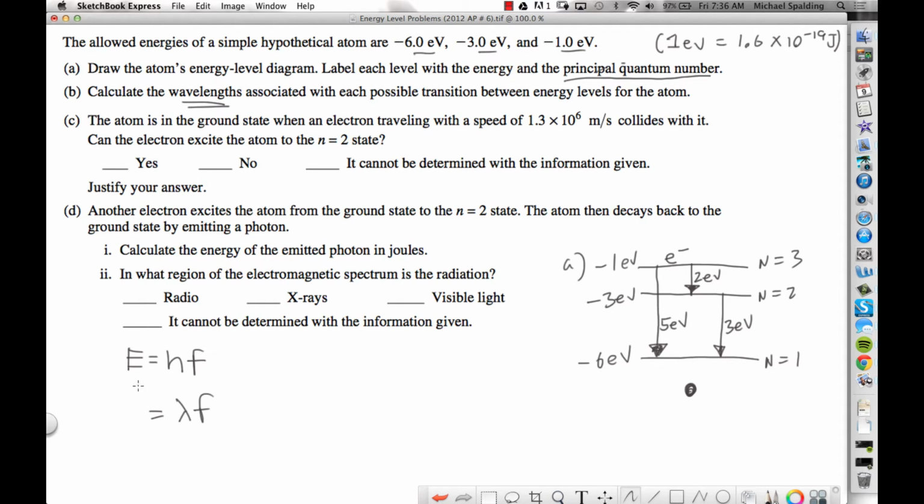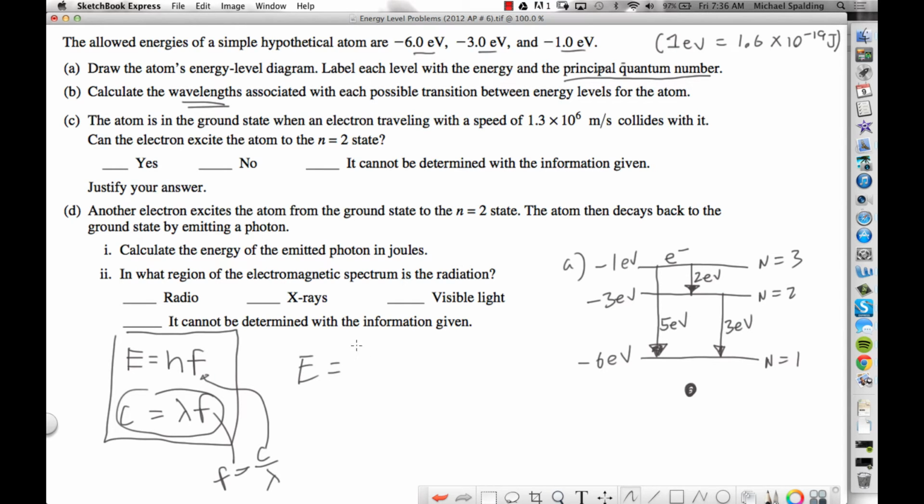We can replace that with c. Now, if you substitute these 2 equations together, frequency is going to be c over lambda. Plug that in up there. You get E equals hc over wavelength. So wavelength is hc over E, right?